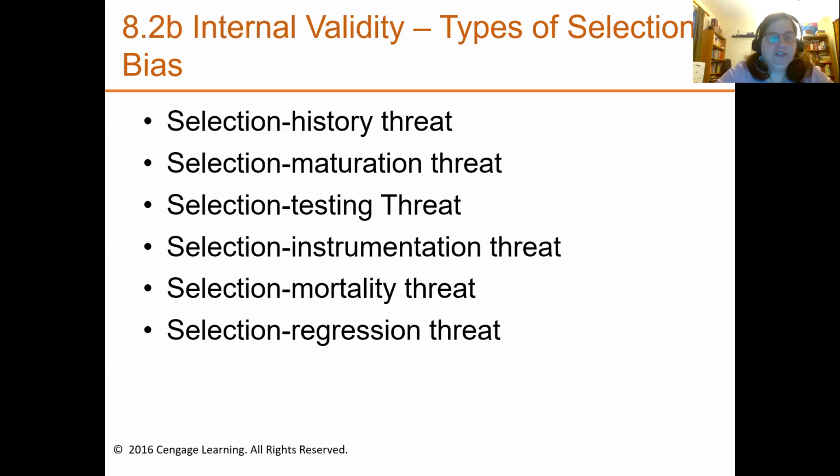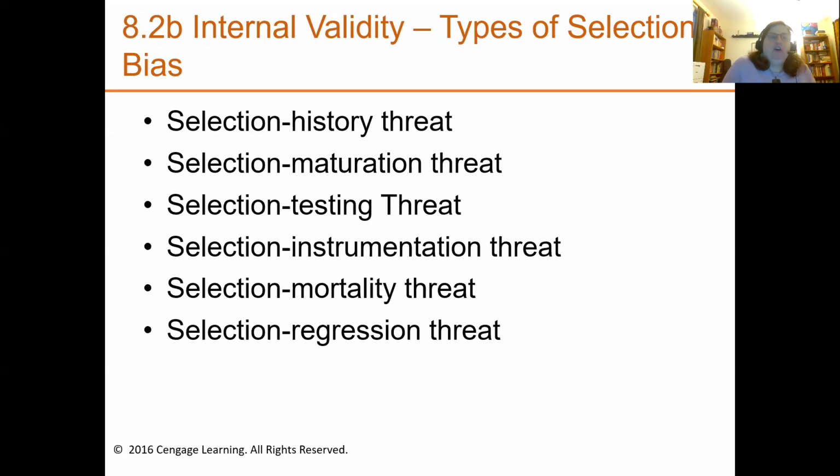And instrumentation, this is a tough one. This is why it's so important to give both control and experimental groups your same instrument at both pre-test and post-test, because if you change it up for one group and not another, you can have that selection instrumentation threat.